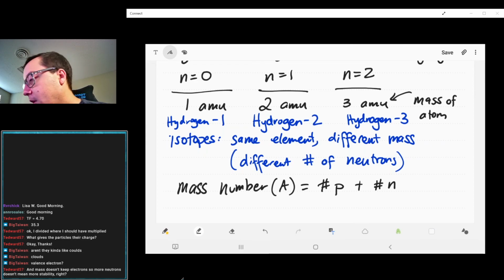So let's talk about neutrons. Neutrons are there for one reason. You may realize that in an atom with 16 protons, you have 16 positively charged things very, very close together.